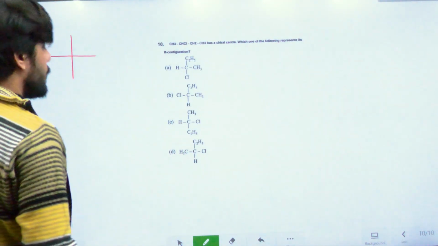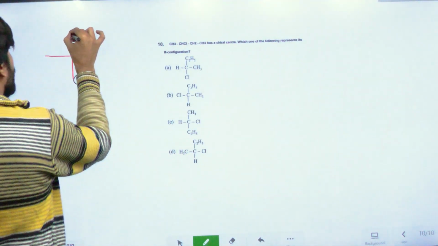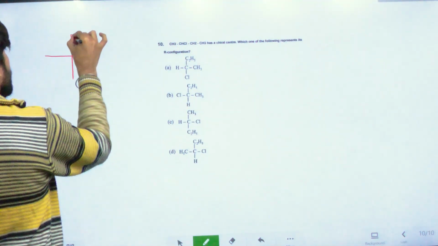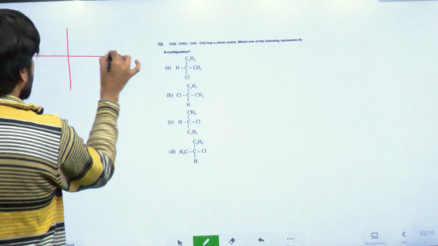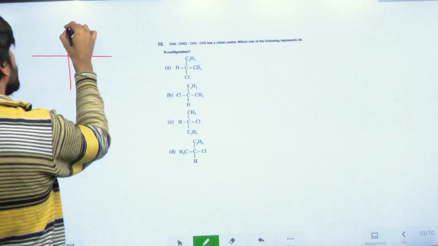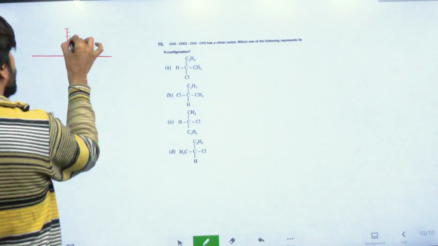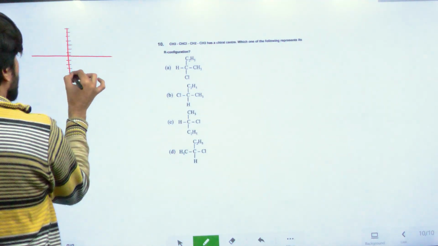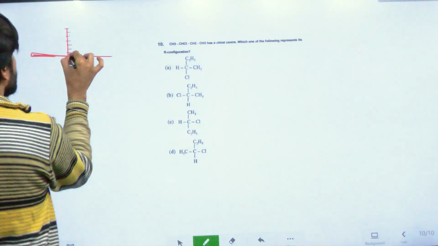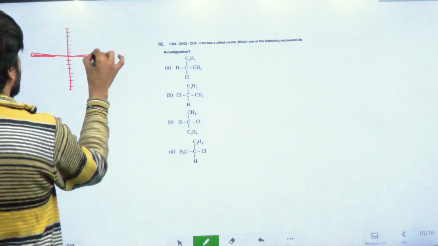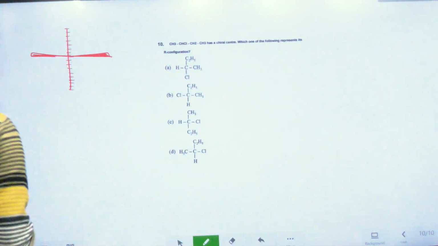In the Fischer projection formula, there's a vertical line and there's a horizontal line. The vertical line is basically the back. We just represent it like this, that this is the back side, and the horizontal line represents the front side. So this is how you represent it.